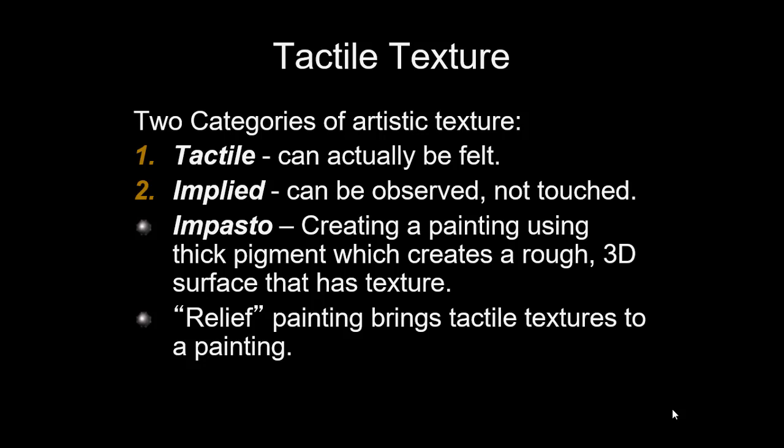When it comes to more two-dimensional examples, you can see texture in a painting style called impasto. Impasto, creating a painting using thick pigment, which creates a rough 3D surface that has texture.